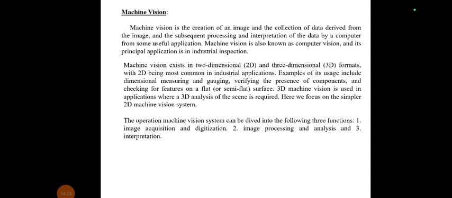The combination of the system hardware and software digitizes the picture and analyzes the image by comparing it with the data stored in memory. The data are often in the form of a limited number of models of the objects which are to be inspected. There are several limitations of the machine vision.